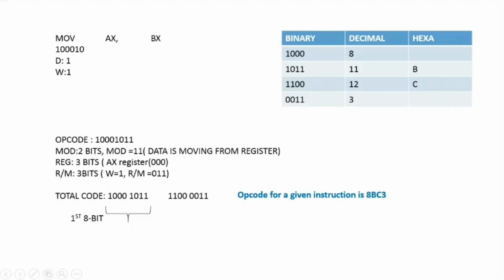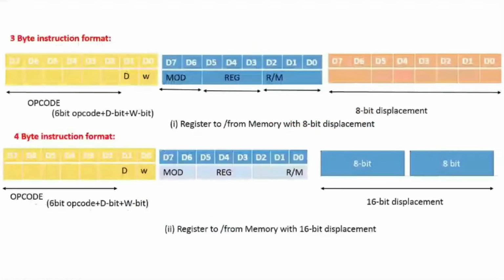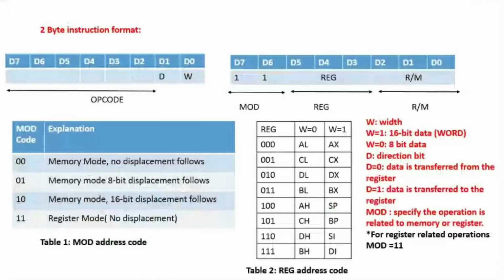Now we have to find out the REG value. I'm dealing with the AX register here, so go back to the previous slide table. W is equal to 1, the register is AX, so with respect to REG, the value is 000.